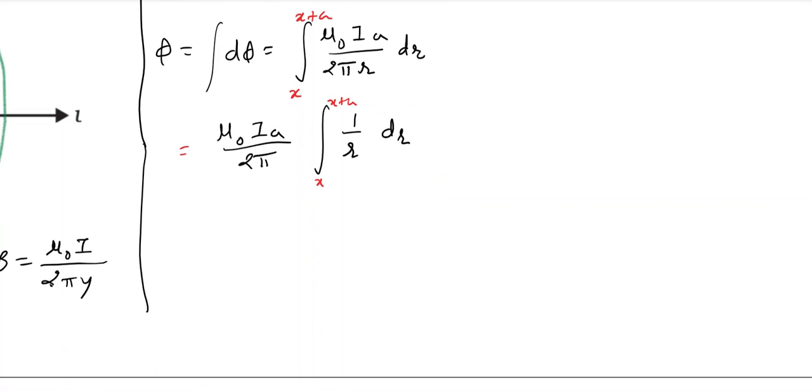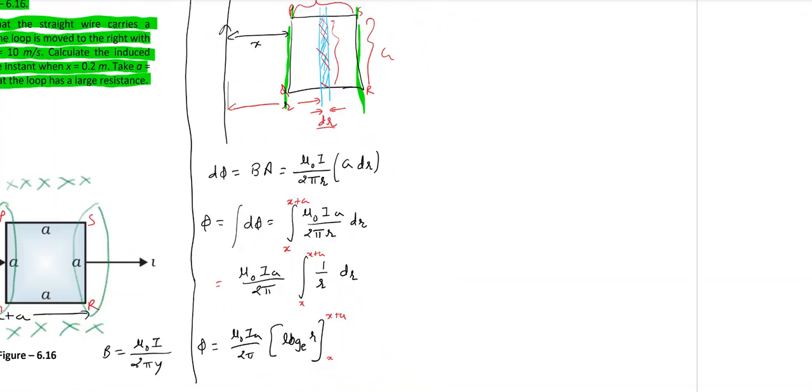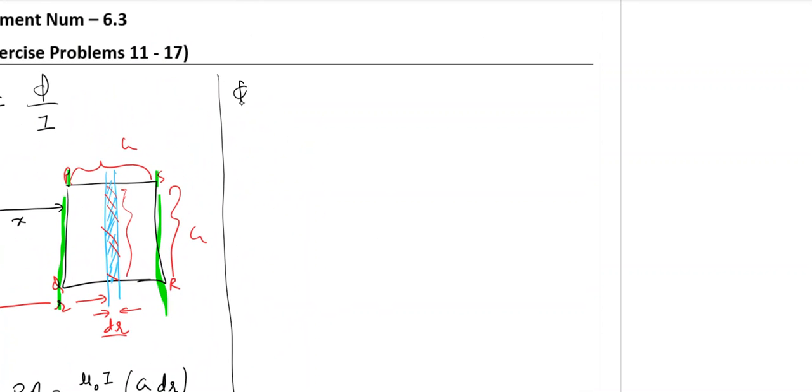So the integration of 1 by r is log of r, and we have mu 0 I a by 2 pi times the integral. Substitute the limits and you will have phi equal to mu 0 I a by 2 pi, log of x plus a minus log of x.